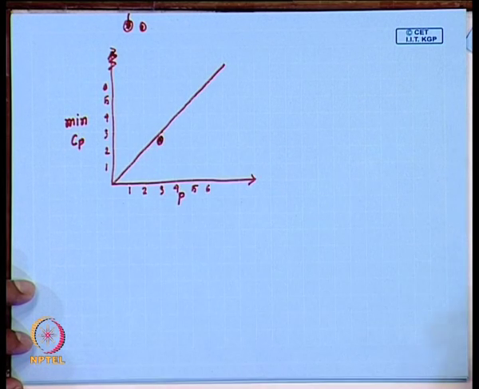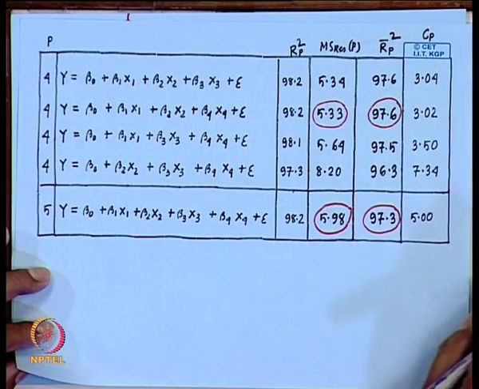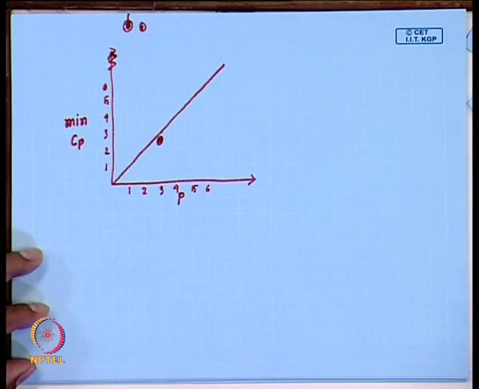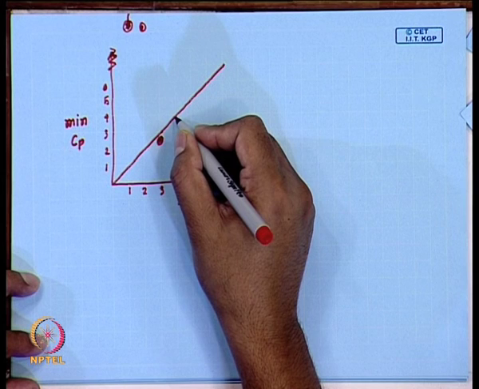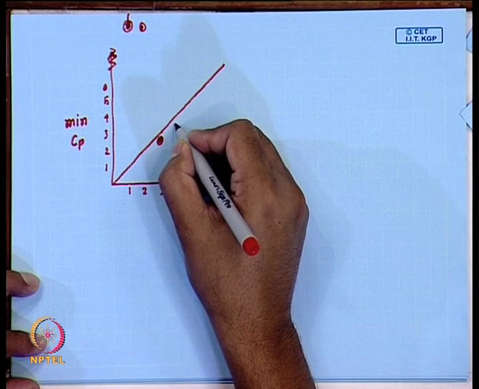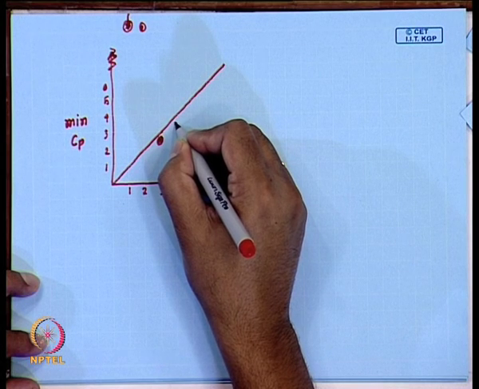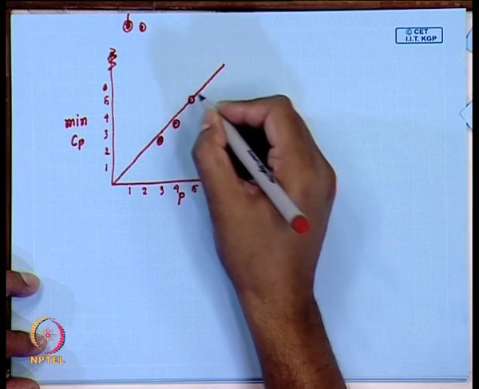For p equal to 4 the minimum is 3.02, so it is somewhere here, and for p equal to 5 it is 5.